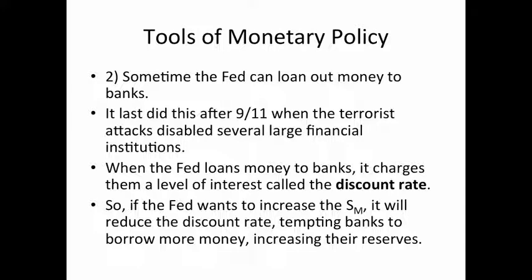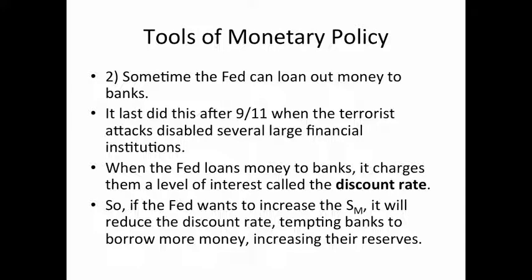It doesn't do this very often, but for example, after 9/11, when the terrorist attacks really hurt the financial institutions, the Fed loaned money to banks. When they do this, they charge a level of interest, just like a bank charges you interest when the bank loans you money. The interest rate the Fed charges when it loans money to banks is called the discount rate.